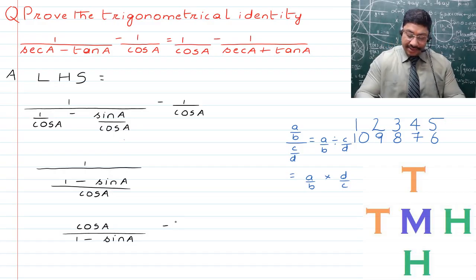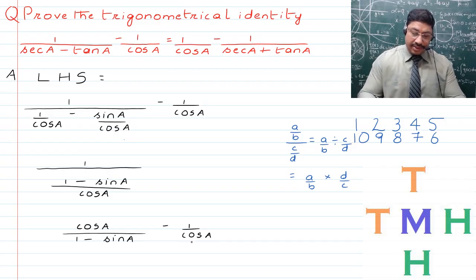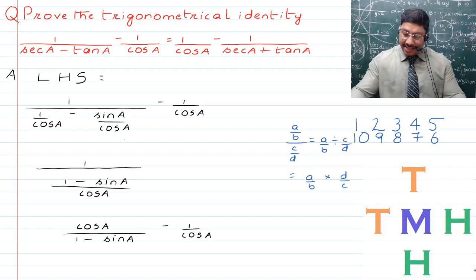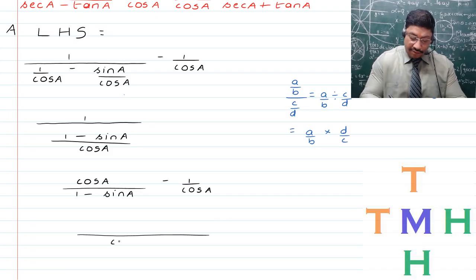Now from this is subtracted 1 upon cos A, right? And then further here, we also talk about taking an LCM, and when we take an LCM here, this is going to become equal to how much? This will be the product of both the terms, that is cos A times 1 minus sine A, right?